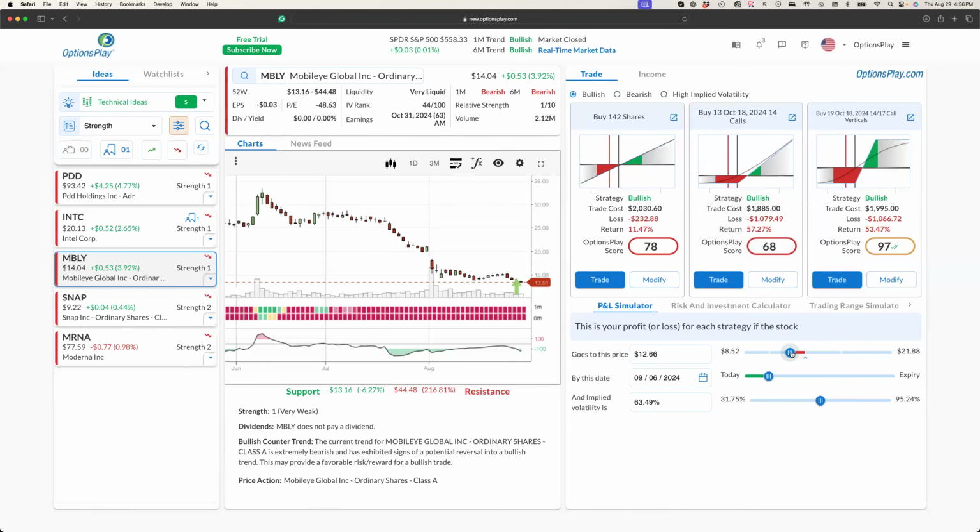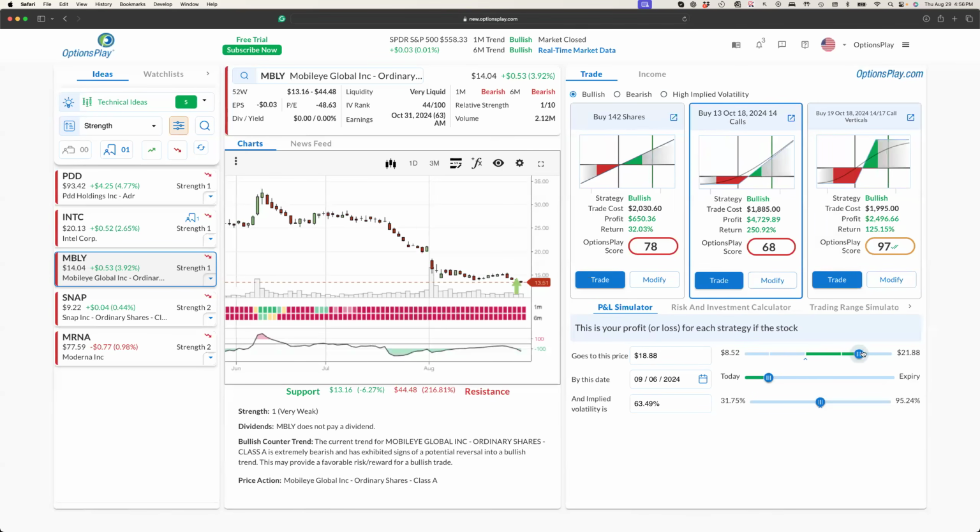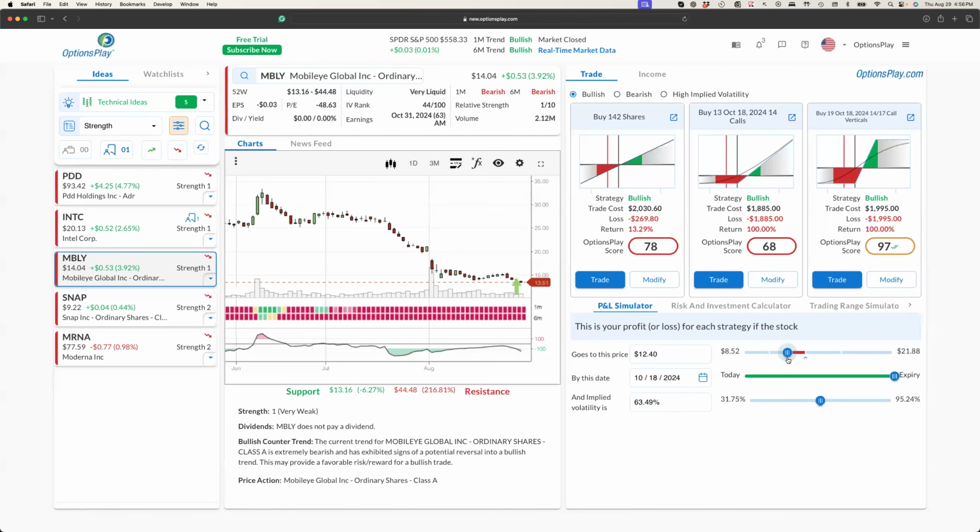If the stock declines to 12.5, you're looking at risking about $1,000, right? So in this particular case, if realistically you think the stock can get up to $20 by expiration, you're looking at a 300% return by buying the call option, while you're risking, I think, about 60% of the call option if it gets back down to $12 or so.